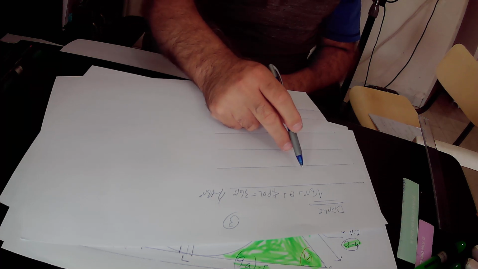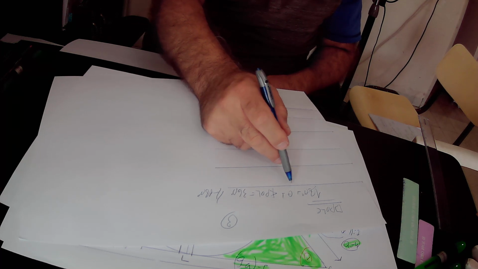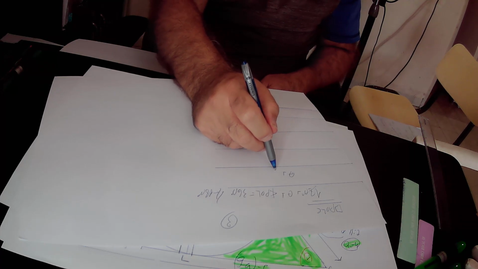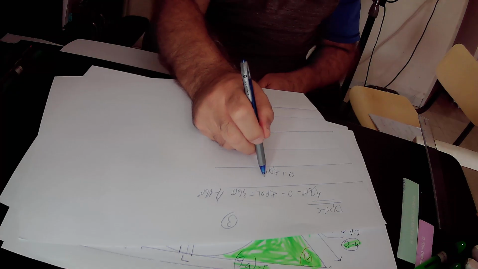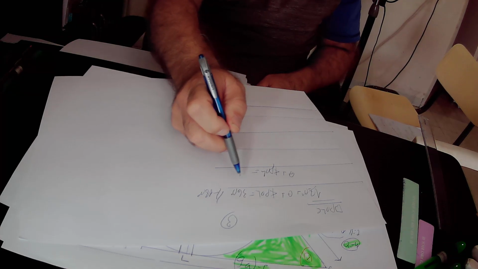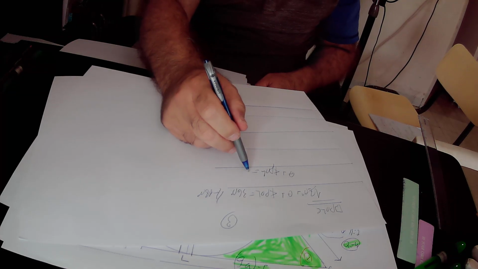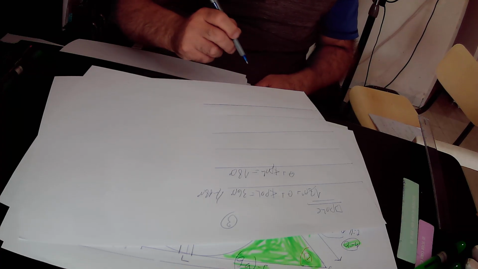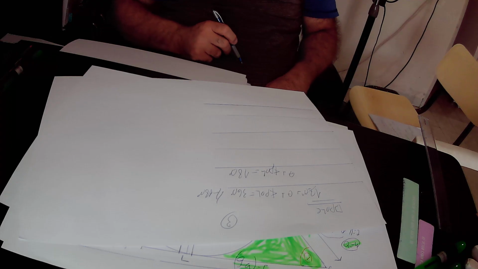The 180 degrees cancel, and we are left with theta plus the missing angle POL equal to 360 degrees minus 180 degrees, which is 180 degrees.